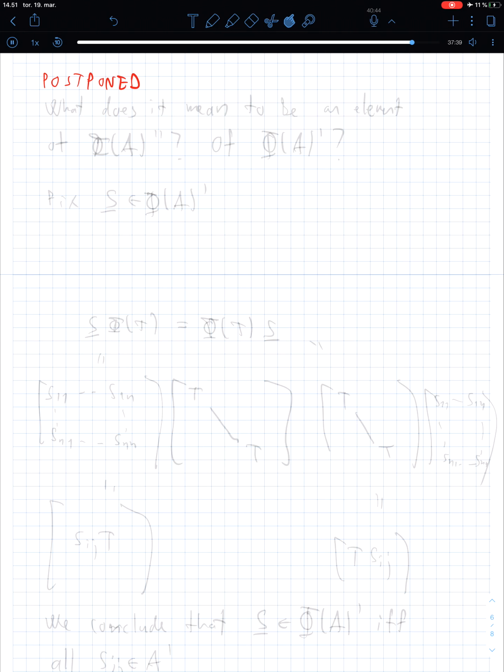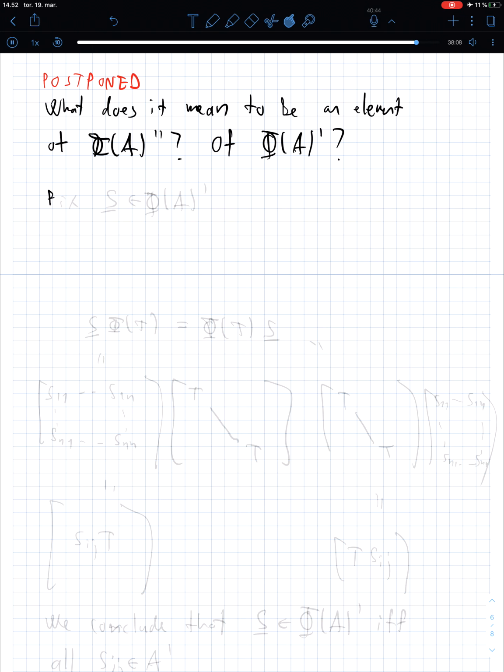So what does it mean to be an element of phi of A double prime, or of phi of A prime? And in fact, the last question is the key.